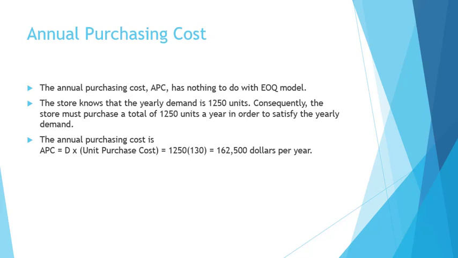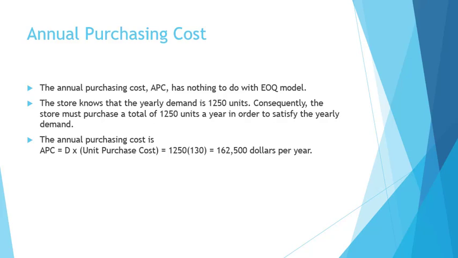Finally, we will calculate the annual purchase cost. It is important to realize that annual purchase cost, APC, has nothing to do with the EOQ model. It's simply because the store knows the yearly demand is 1,250 units.